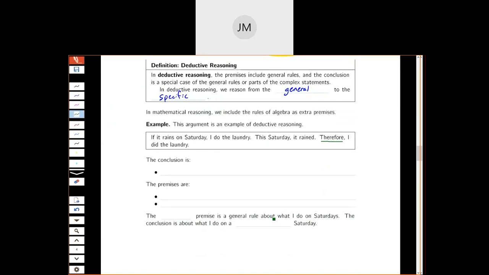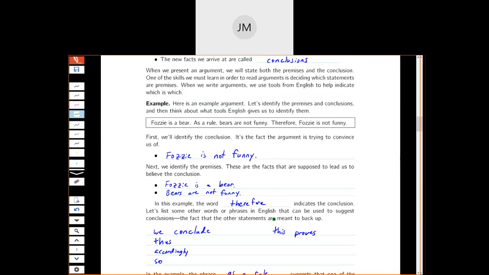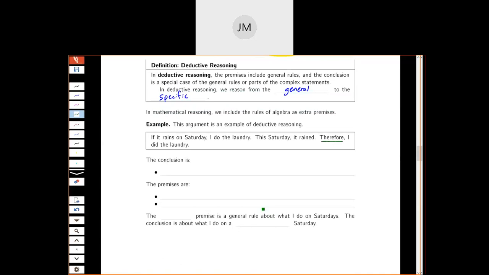"Therefore" is one of the ones that we listed, from our previous example. That indicates that we're talking about a conclusion. So our conclusion is, I did the laundry.